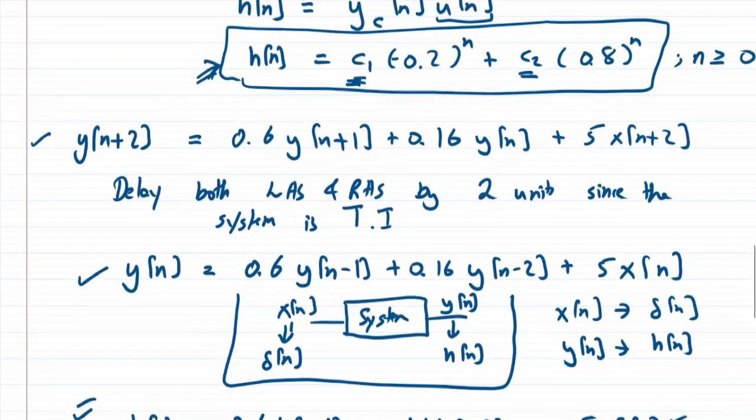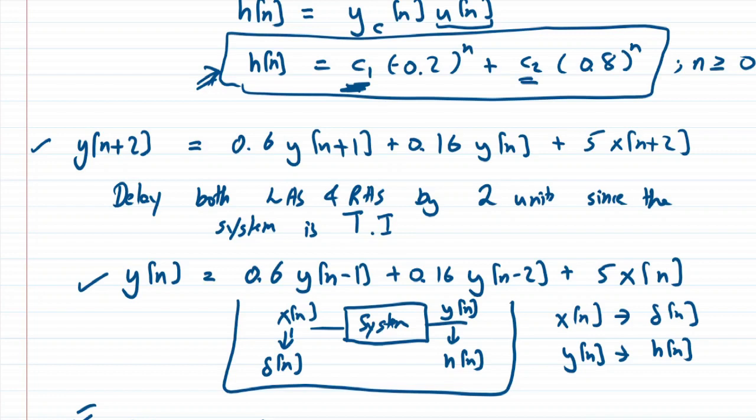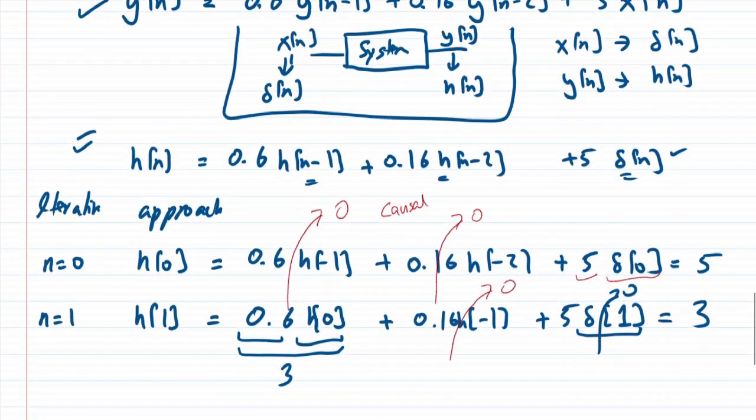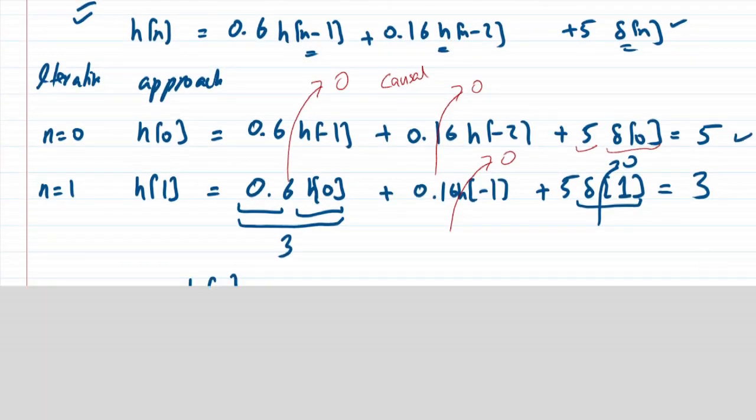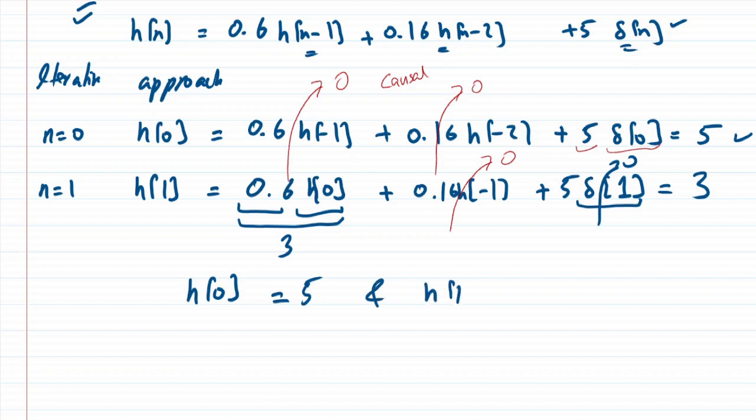So there were two coefficients, that is C1 and C2, in this expression, and now we have two conditions, that is h of 0 is simply 5 and h of 1 is 3.